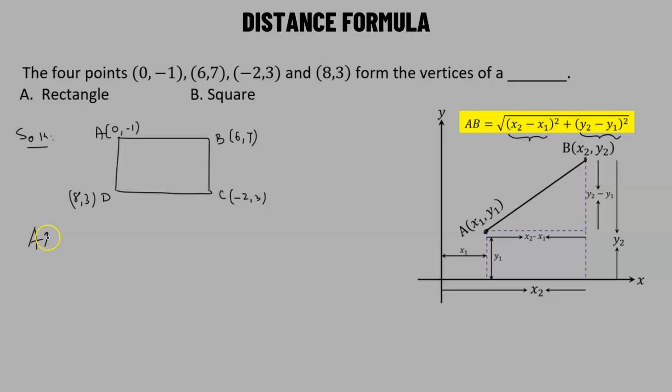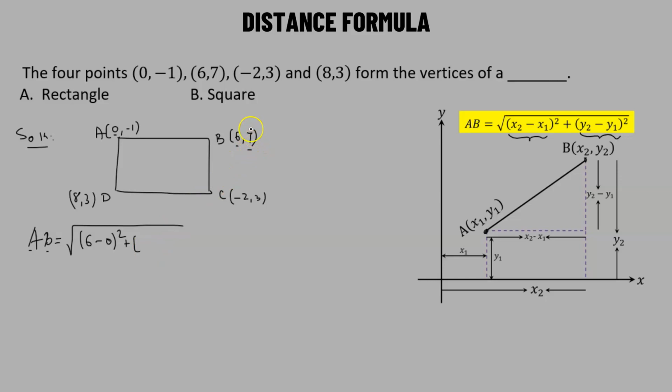So what will be AB? AB will be equal to, we'll take the square root. We'll start with B first and then from it we're going to subtract the x or the y component of A. Since we have B, here we'll consider the x coordinate of B, so that's 6. And from it we're going to subtract the x coordinate of A, so that's 0. So we have (6 minus 0) squared and add it to the difference of the y coordinate.